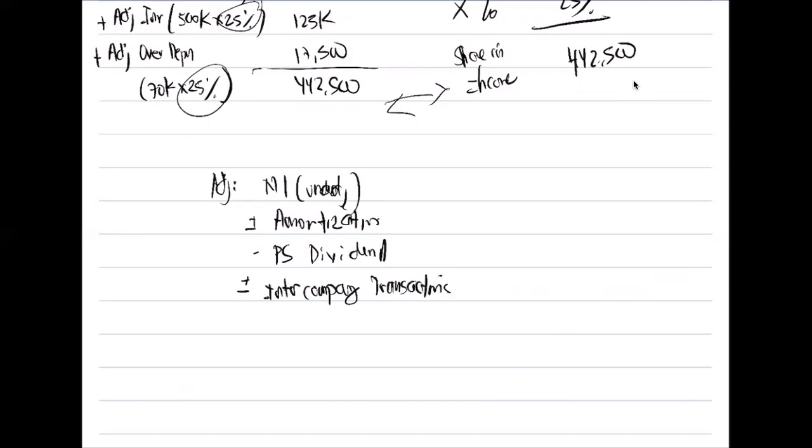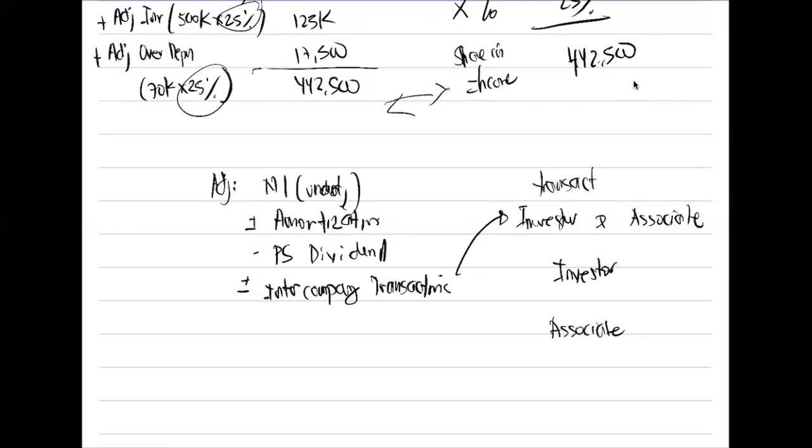So what is your intercompany transaction? Your intercompany transactions are your transactions between the investor and the associate. So we have here the investor and we have here your associate, and there are transactions between them. If the transaction is investor to associate, we call this downstream, kasi nga pababa, investor to associate.